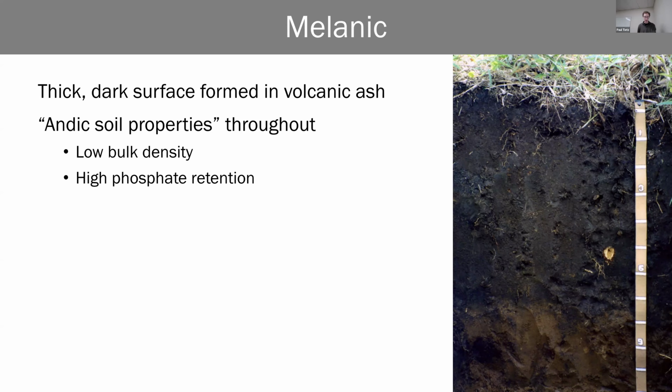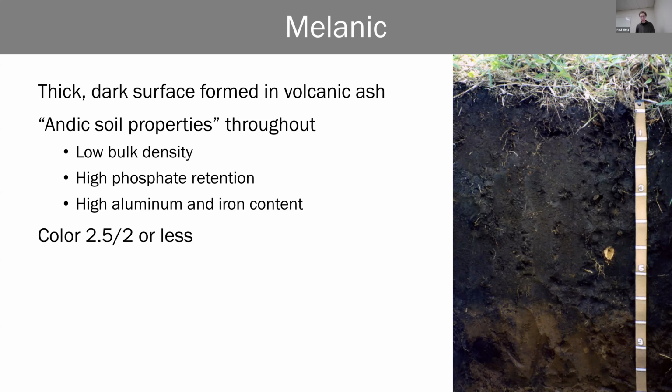The phosphorus retention is really high in these andic soils, as well as the aluminum and iron content. So the mineralogy of the volcanic ash, volcanic tephra, whatever sediment derives from a volcanic eruption might have high aluminum and iron content to be an andic soil property.